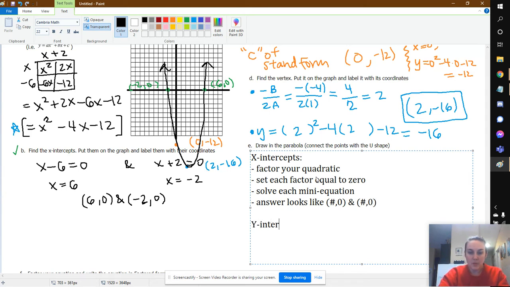For y-intercepts, it's always going to look like 0 comma c, where c is the last term of standard form.